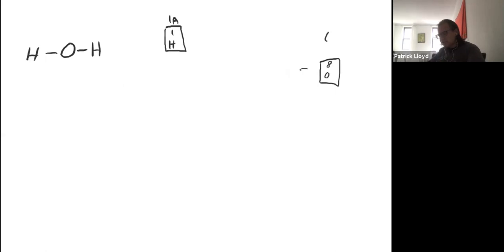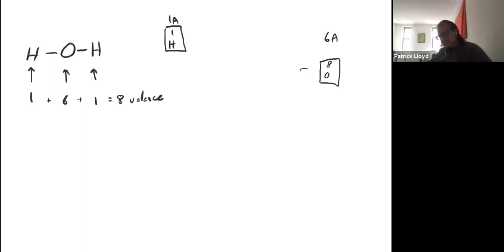It's in group 6A. So that means that it has 6 valence electrons. So don't use the 8, use the 6. So now each of these atoms has a certain number of valence electrons. Again, I'm getting that from their position in the periodic table. And you add them. So that's going to give you 8 valence electrons.